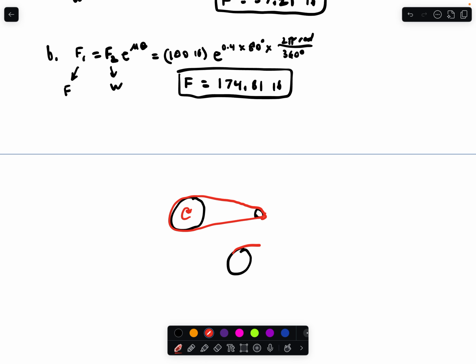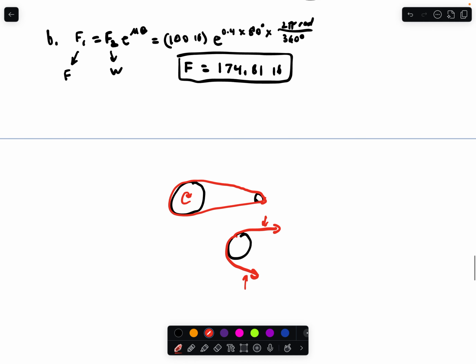So if we just draw like a free body diagram, if it's spinning this way, clockwise, tension is going to be down here, and this part of the belt is going to be kind of slack. So you're not really going to have much force acting over there.